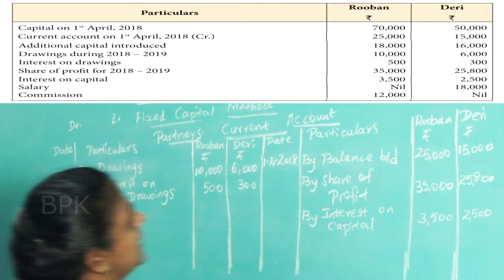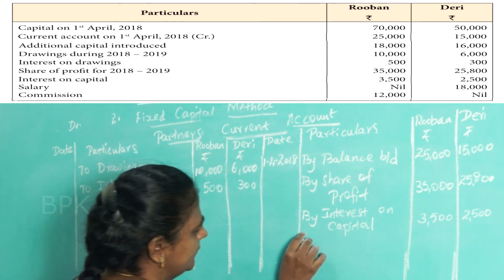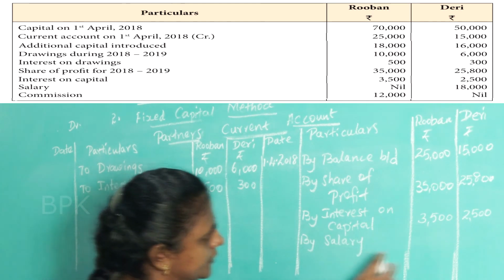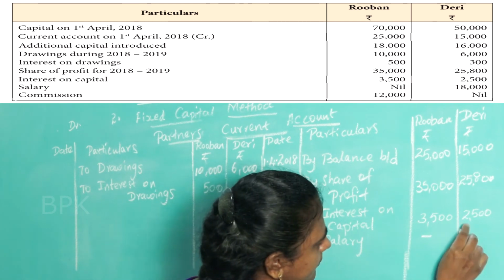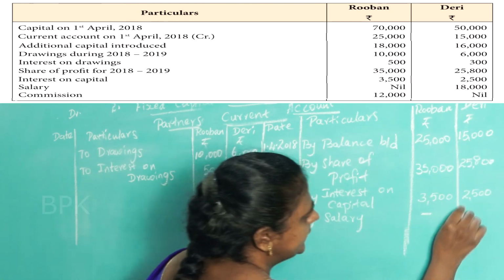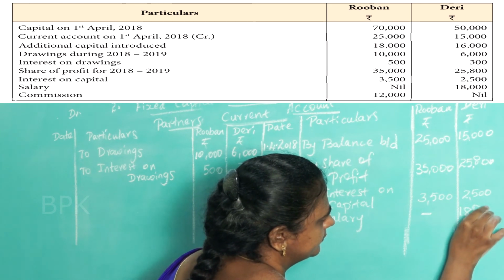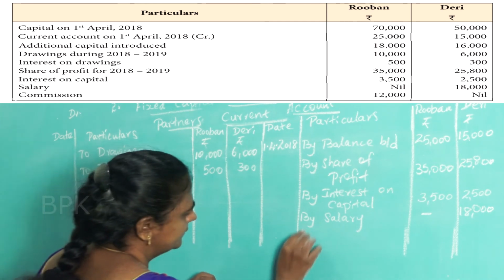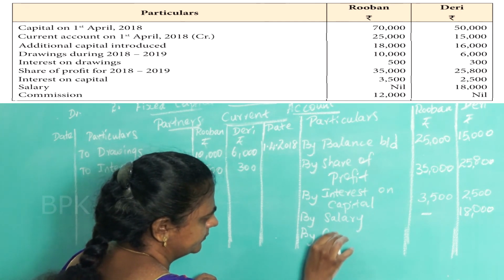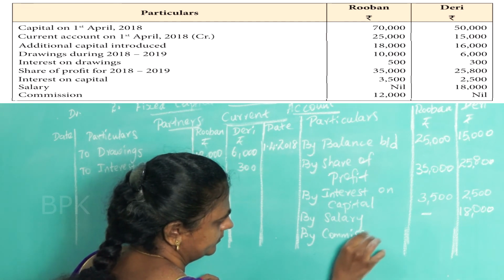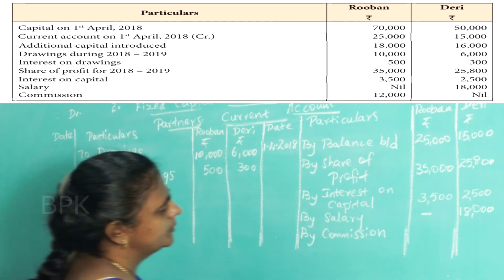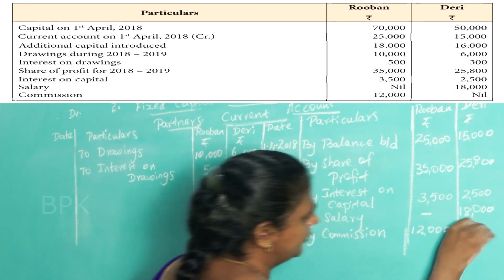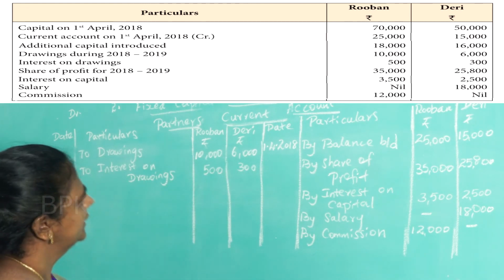Okay. Next, salary only for the second partner it is given, by salary. For the first partner nothing, put dash. Only for the second partner how much? 18,000. Put 18,000. Then commission. Commission is given for the first partner 12,000. Second partner put a dash. Okay. Now put the total.